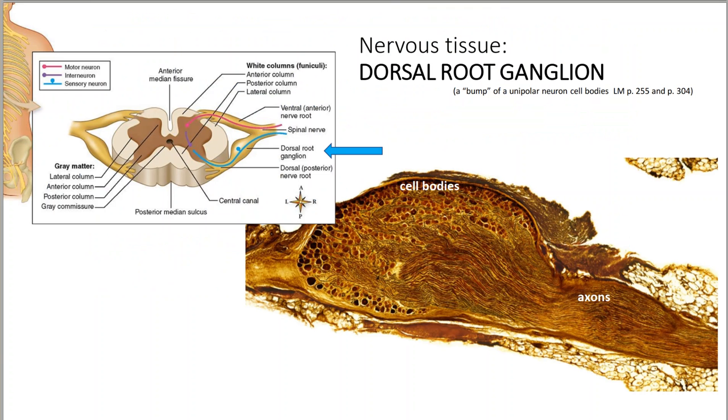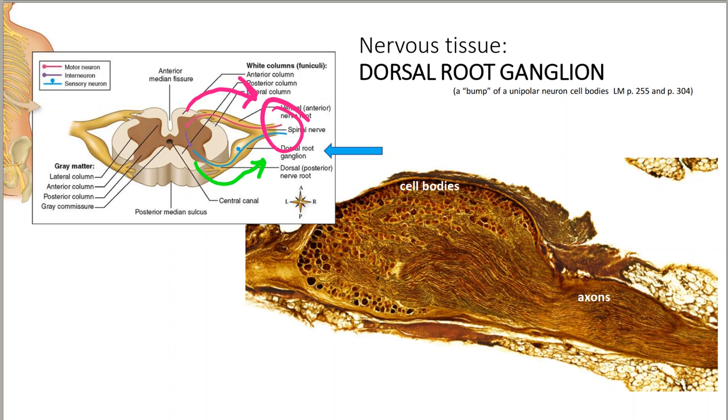So just a quick review. When we're talking about the dorsal root ganglion, here is our spinal cord, right? You're going to have some nerve fibers that come off the back aspect of the spinal cord, and then nerve fibers that come off the front aspect of your spinal cord.